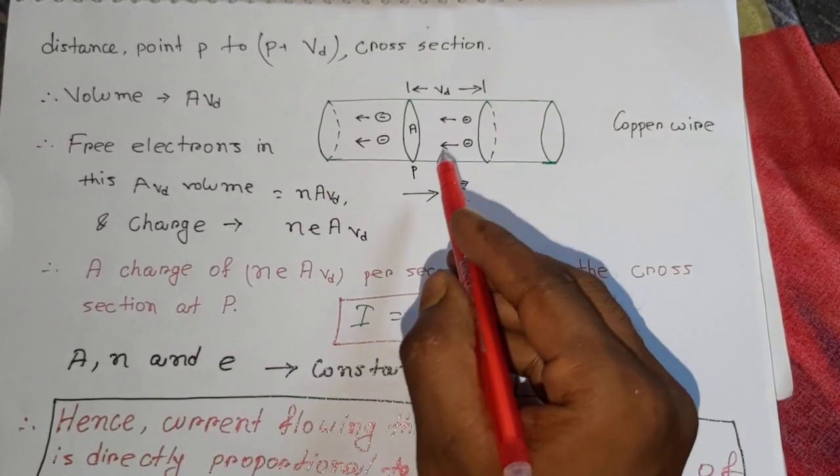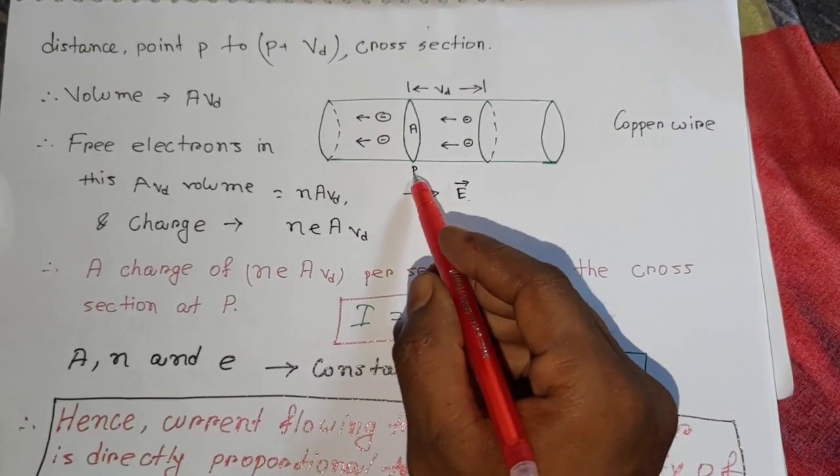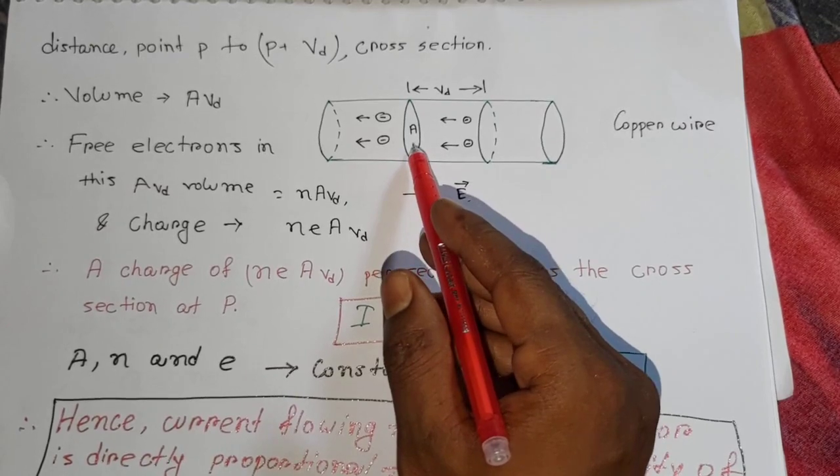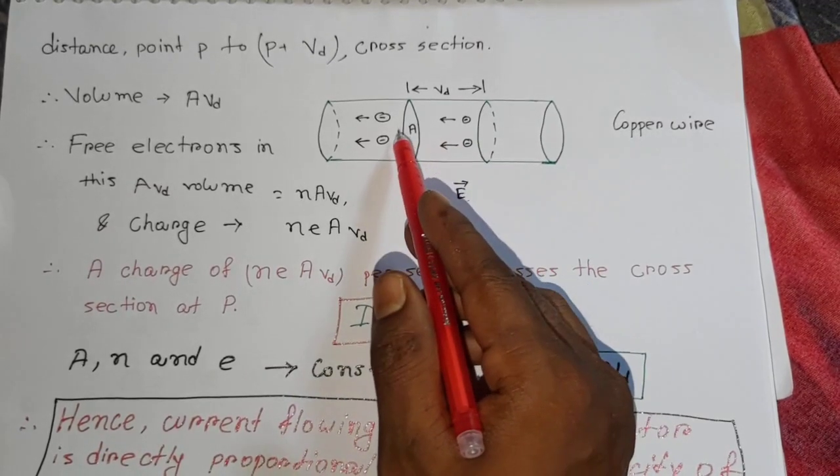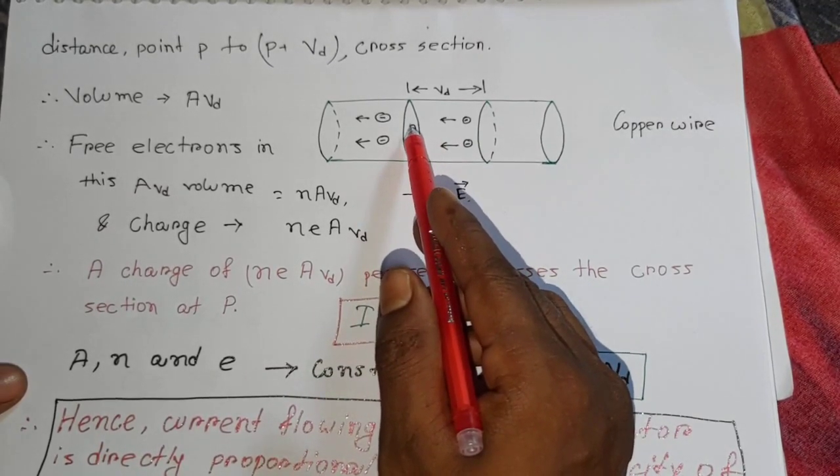At point P with cross section A, these free electrons are crossing this cross section area.